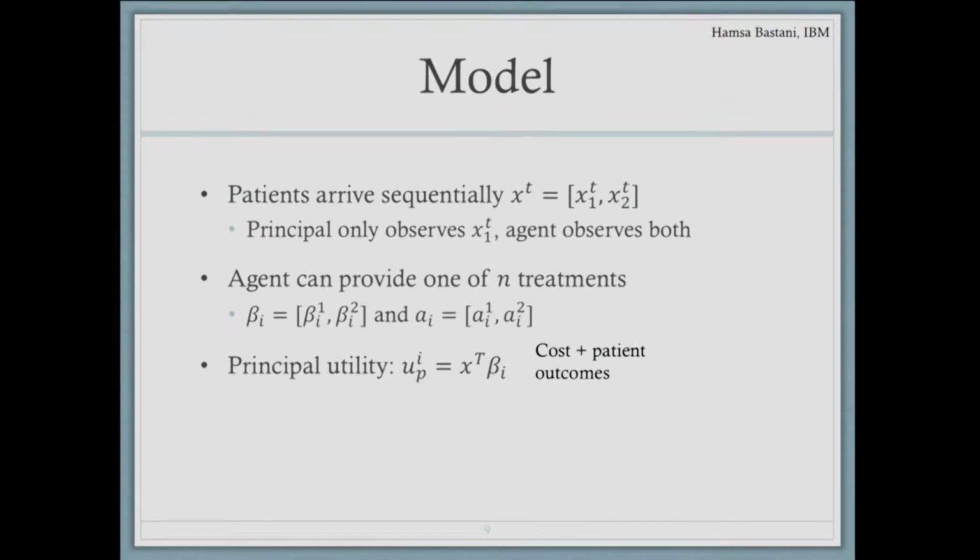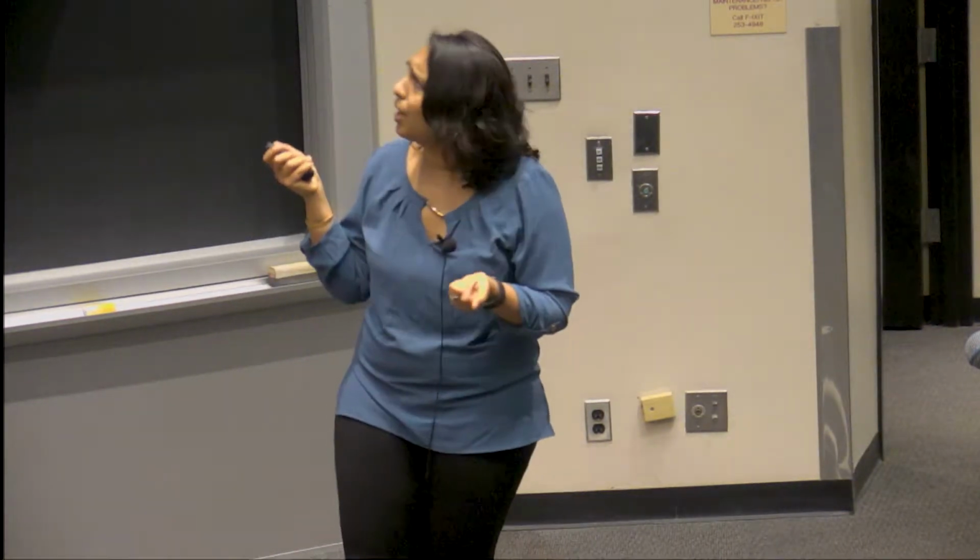This is a nice way to model this because it captures both patient-specific effects through X and treatment-specific effects through beta_i, and the interaction of them. So the principal's utility is really the cost of the treatment plus the outcome of the patient. It depends on patient characteristics as well as whether that treatment was really effective for that patient. Does that make sense?